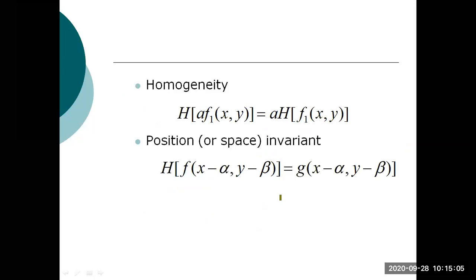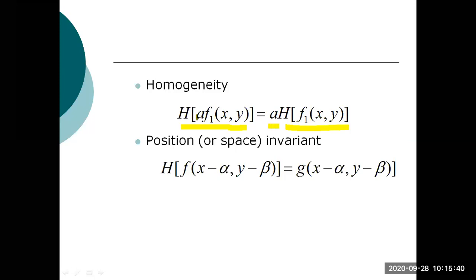Okay. The next slide, the next condition, is homogeneity. How does the system H satisfy the homogeneity condition? We operate H after scaling, or otherwise first operate H and then scale with A. Both are equal.